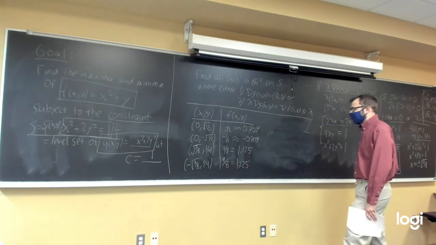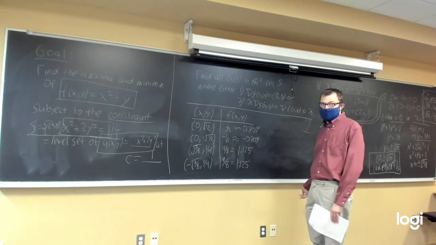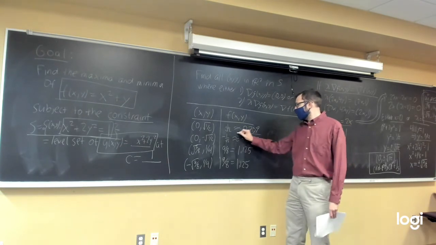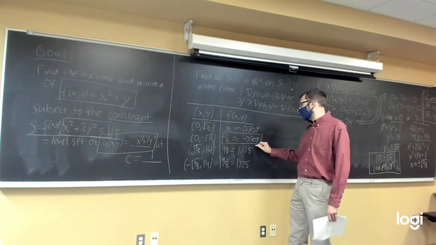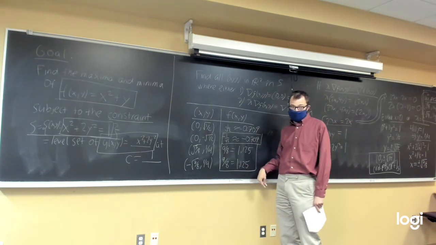So what does that tell us? Well, once again, just like in standard 13, we can look at this list, pick out the smallest output and the largest output. Looks to me like this is going to be our smallest output, and these two are tied for our largest output.